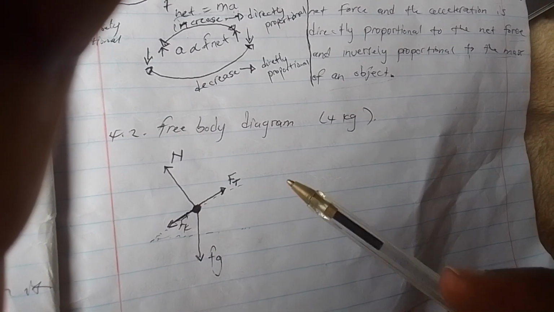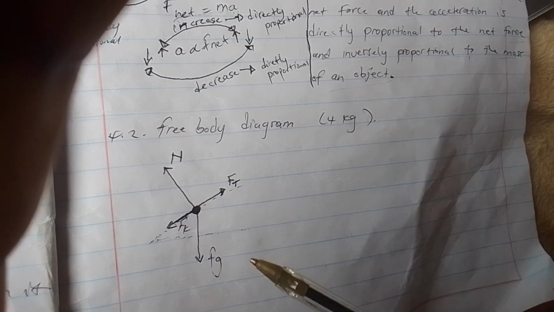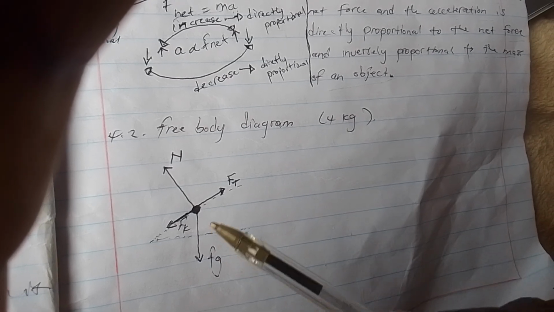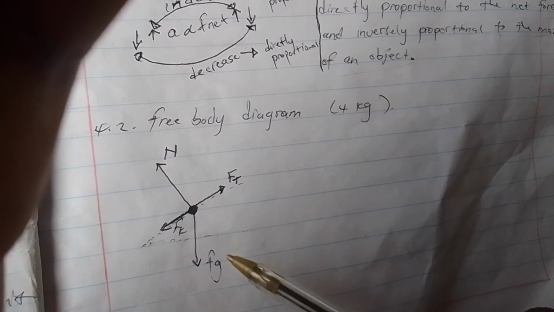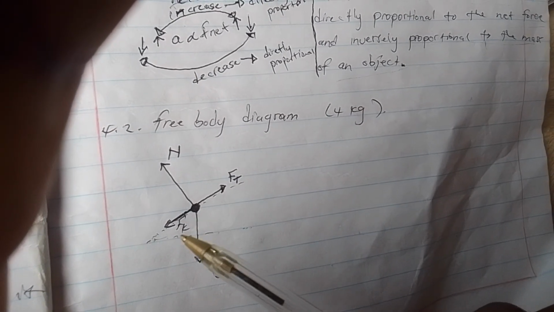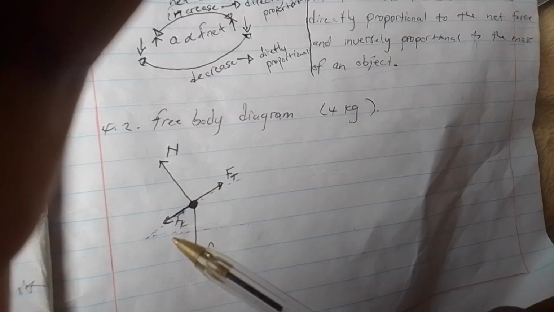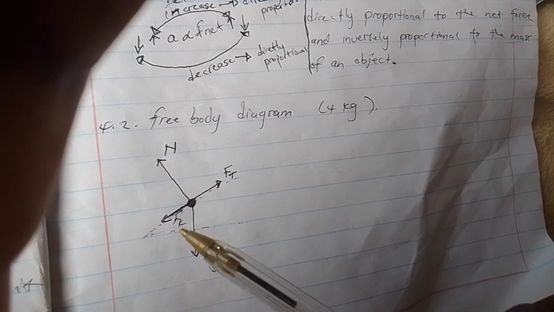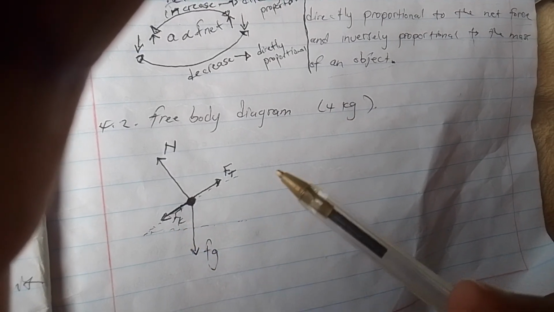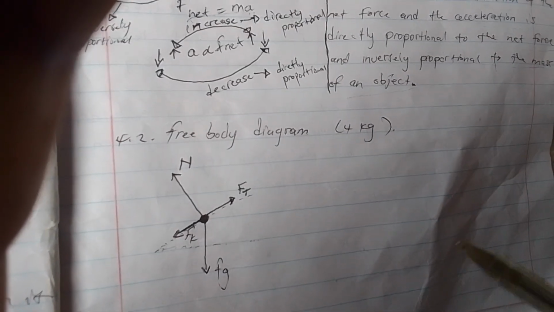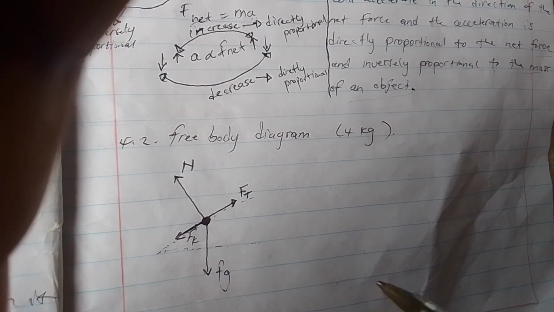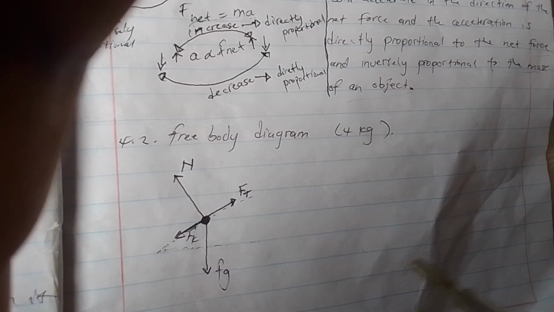Normal force, tensional force, gravitational force, and frictional force, FK, because the object was moving, was being pulled. So FK just represents kinetic frictional force, because it's moving. If it was static, at rest, you would say FS, static frictional force.